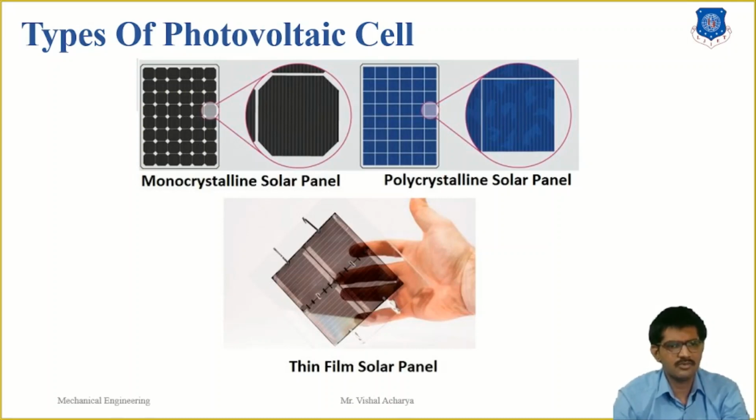Another method, known as edge-defined film-fed growth, involves drawing a thin ribbon of polycrystalline silicon from a mass of molten silicon. A cheaper but less efficient alternative, polycrystalline silicon PV cells dominate the world market, representing about 70% of global PV production in 2015.